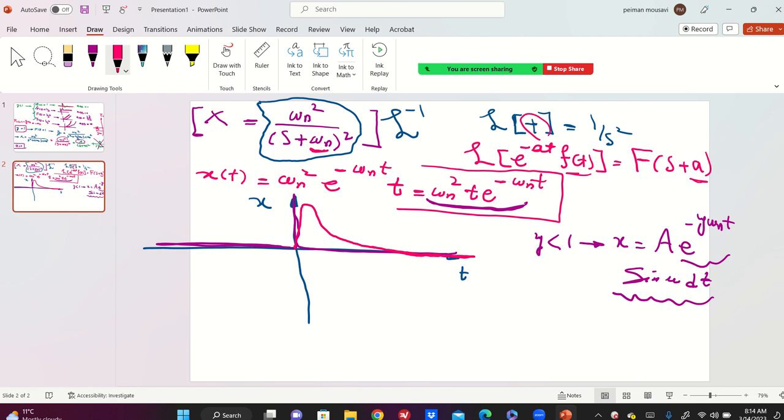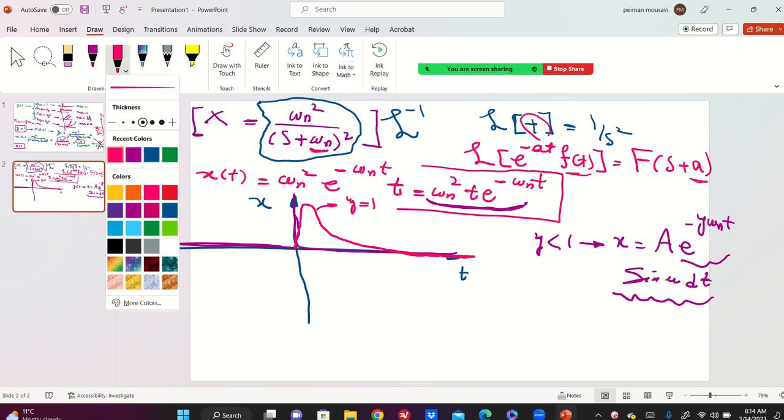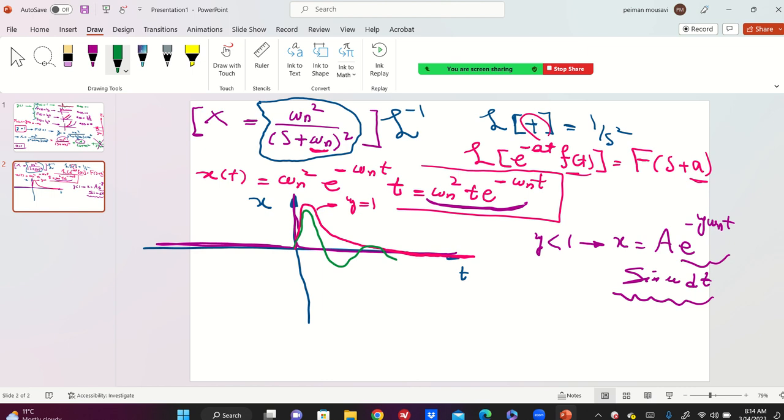Understand what happened? So there is no oscillation when the system is critically damped. Comparing this with the underdamped system, it's gonna be like this. This is the underdamped system.